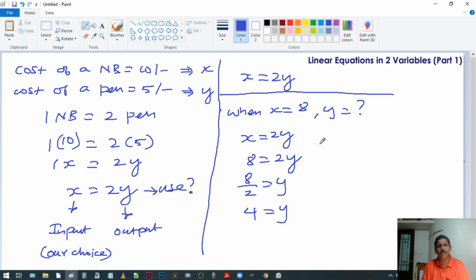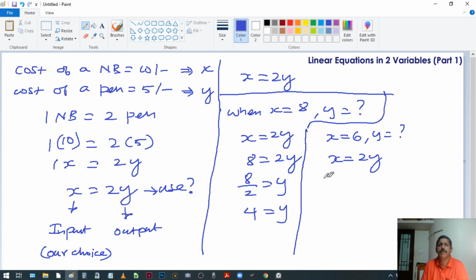So similarly, we can take another value for x, like x is equal to 6. Then what about y? In the same situation, applying the same equation, x is equal to 6, that means y becomes 3.